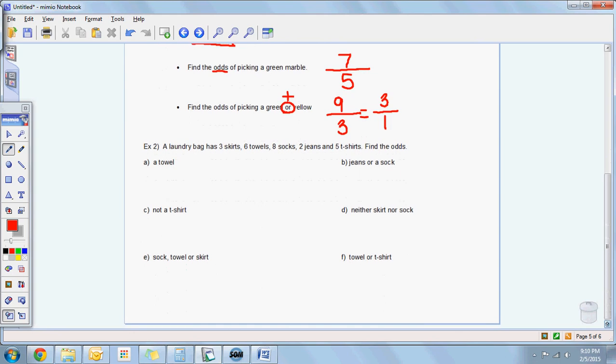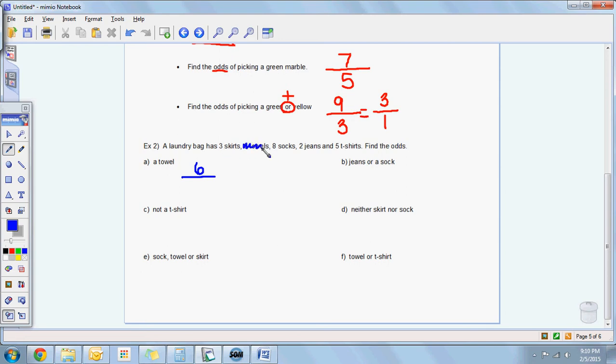Alright, one last example. I'm going to have you guys try some of these, but I'll give you some to go off of. So you have a laundry bag with a bunch of different items in it, and I want you to find the odds of each. So what are the odds of picking a towel out of that bag? We have 6 towels. And then you're going to want to write whatever is left over.